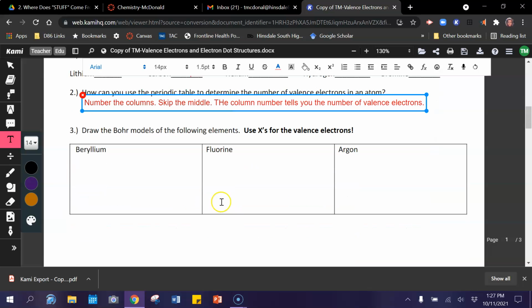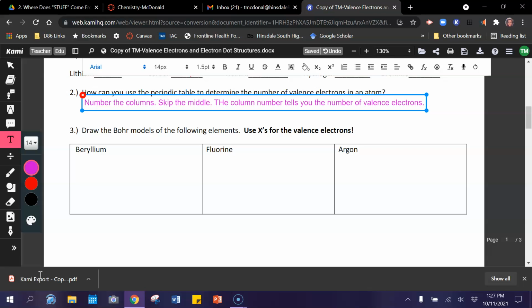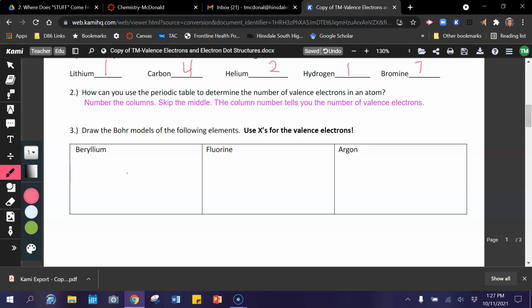All right, next we needed to draw Bohr models for these elements. I'm going to draw these, but let's do beryllium first. So beryllium has 4 protons. And that means that it has 4 electrons.